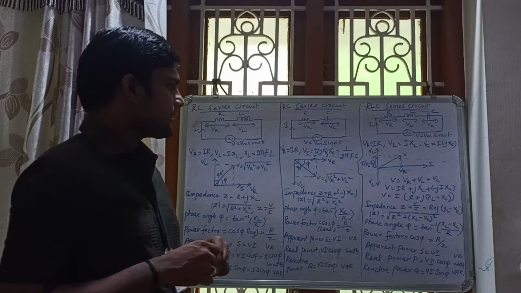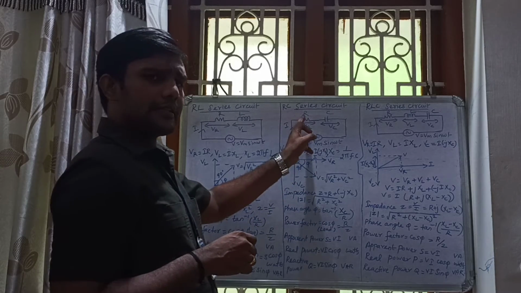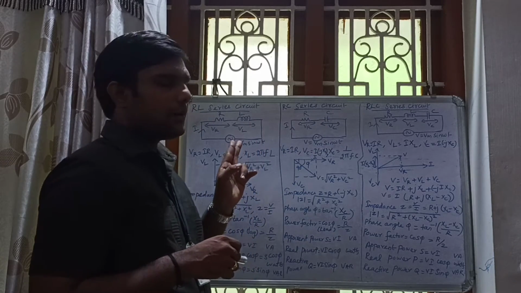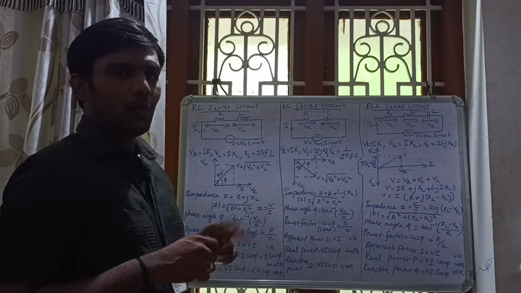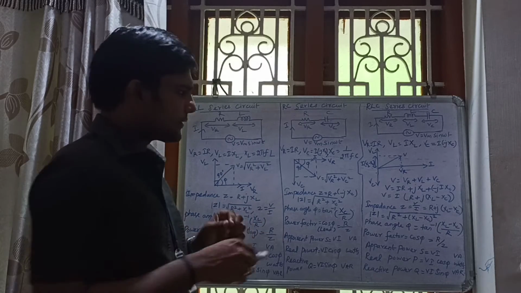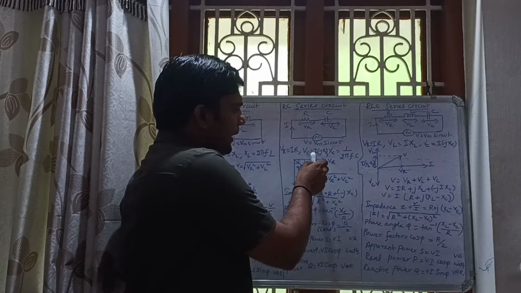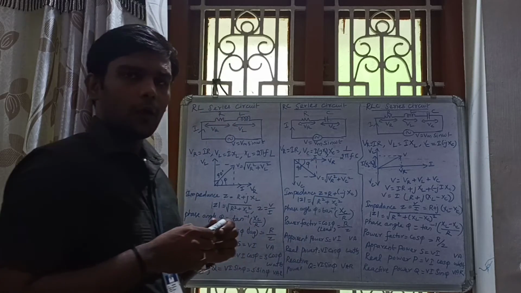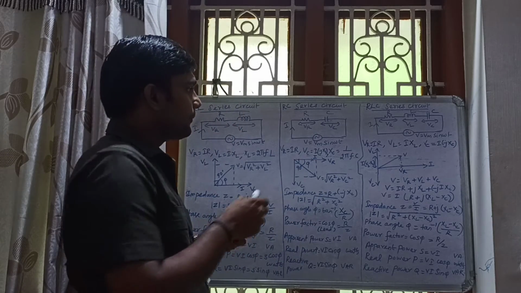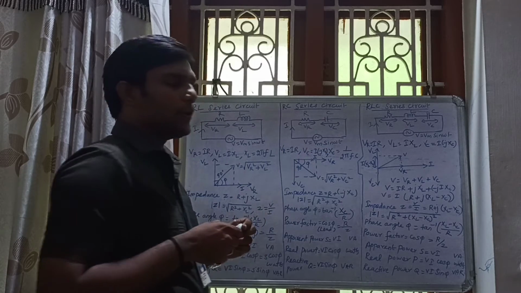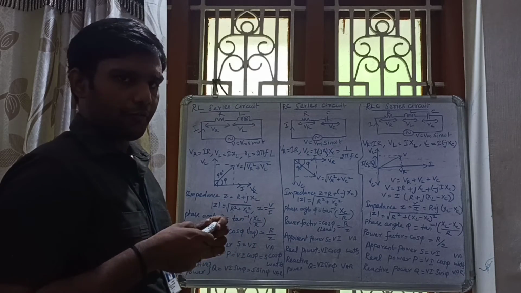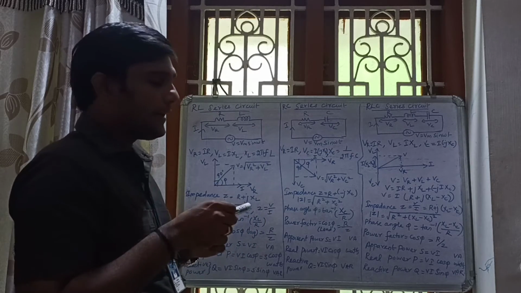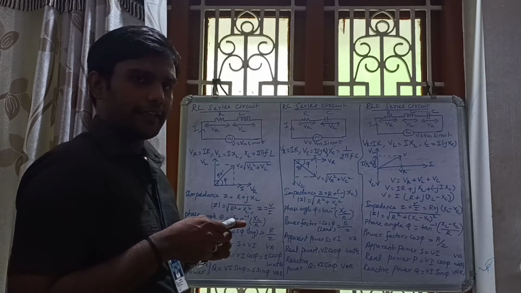F is the frequency and C is the capacitance. Next, in this circuit, the resistor and capacitor both are available. In resistive circuit, voltage and current both are in phase. Voltage VR and current I both are in phase. And in capacitive circuit, leading power factor, is it known? Right. Current I leads the voltage.